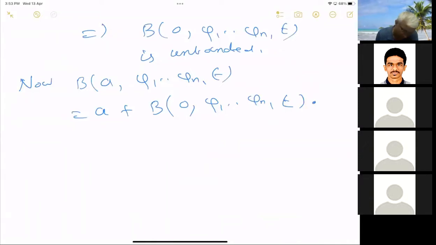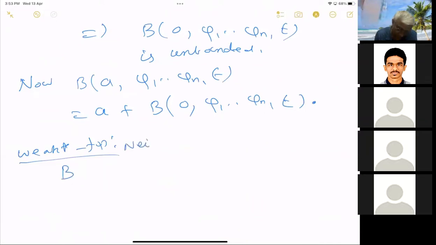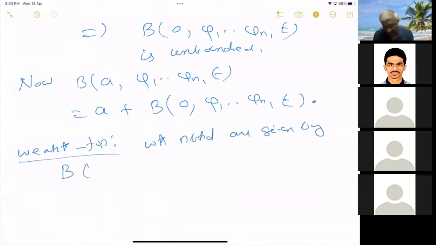Next, the weak star topology. This was also defined earlier. I will just describe the neighborhood. Weak star neighborhoods are given by some element phi.